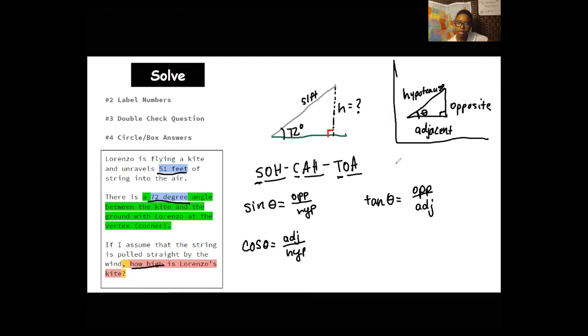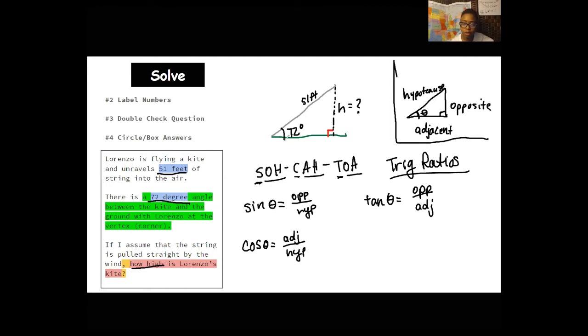So these are our trig ratios, and we need to pick one out of the three in order to apply to our situation. How are we going to find that out? Well, we need to look at our situation. So what do we have and what do we need to find?